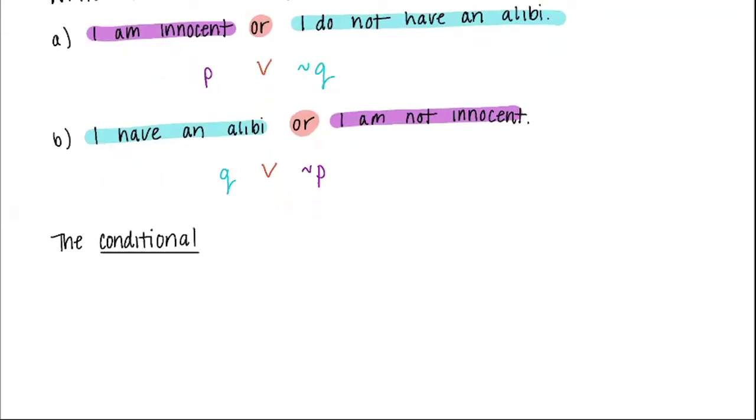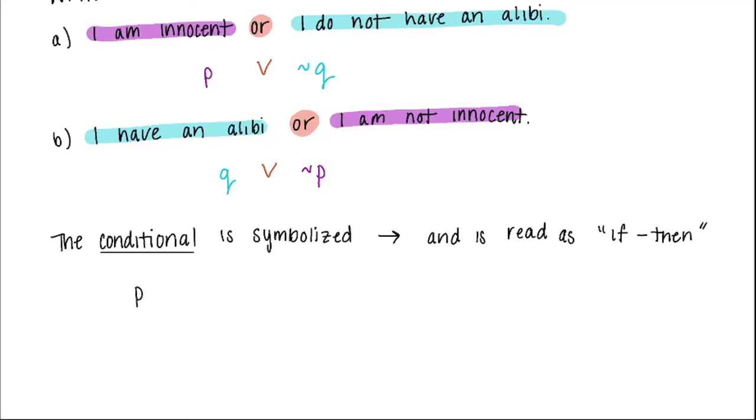So the conditional is symbolized by an arrow going forward and is read as if then. Basically, if you see P with this arrow Q, this means if P happens, then Q happens.